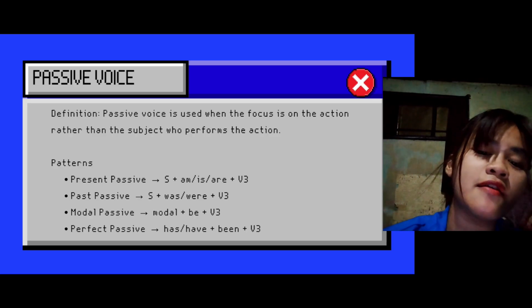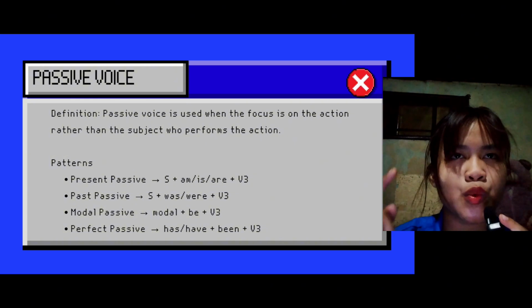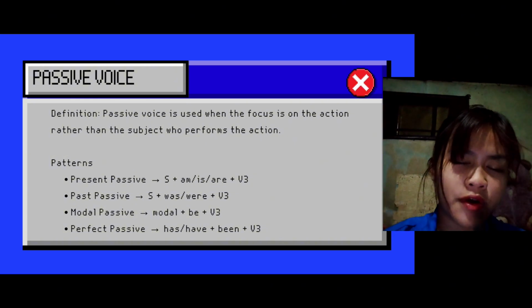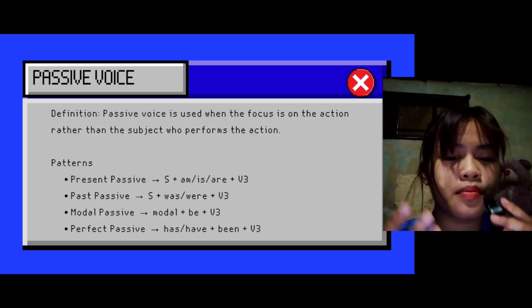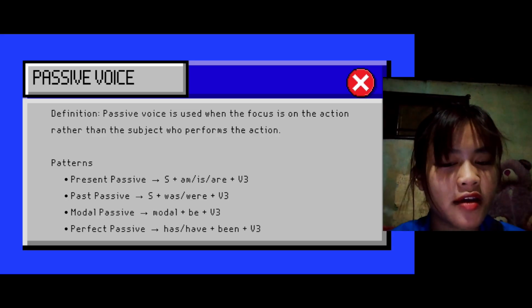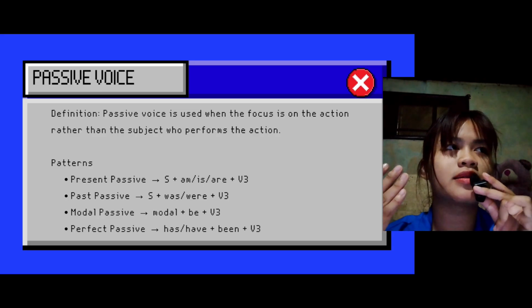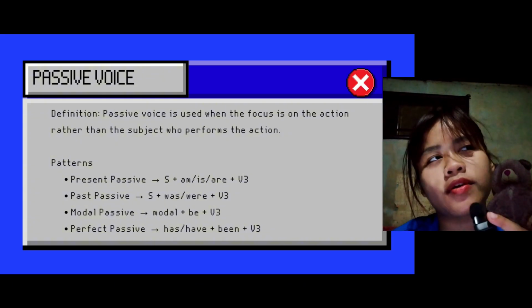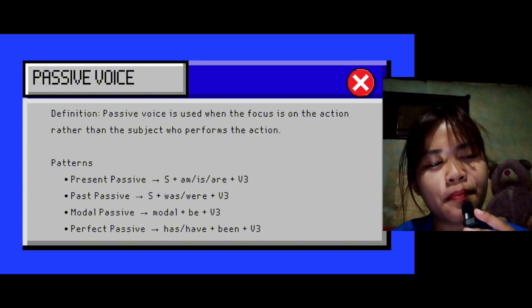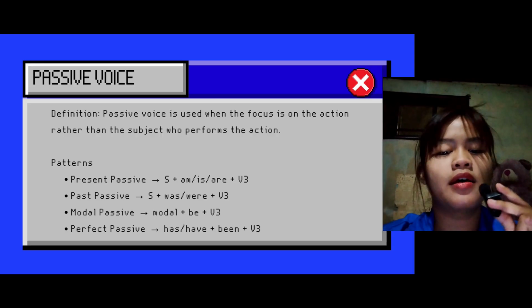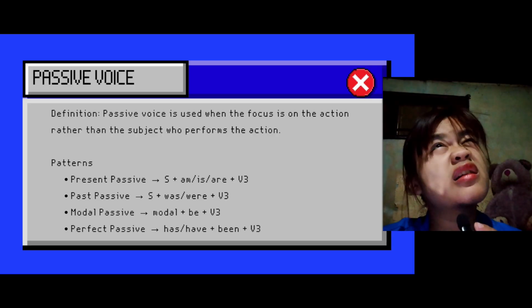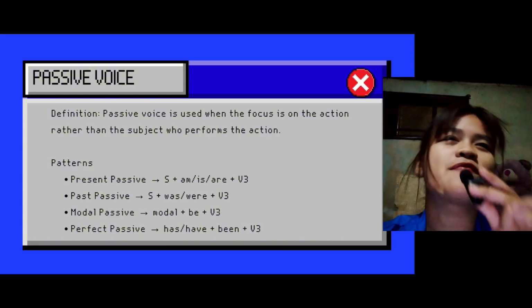Then past passive: subject plus was or were plus verb 3. Modal passive is modal plus be plus verb 3. Then perfect passive is has or have plus been plus verb 3.